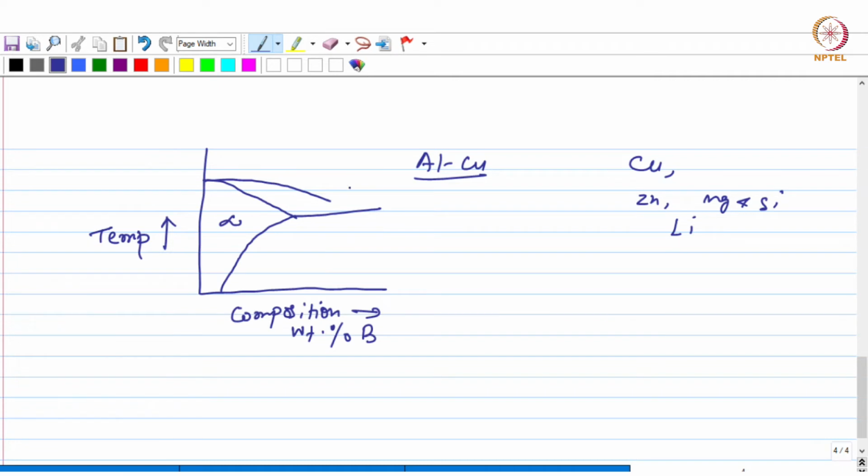solid solution of copper into aluminium, right? So copper has certain amount of solubility in alpha at a given temperature. And as you could see, as you increase the temperature, the solubility of copper into aluminium increases. Okay. So alpha is the solid solution between aluminium and copper, right? So this will be the two-phase field region.